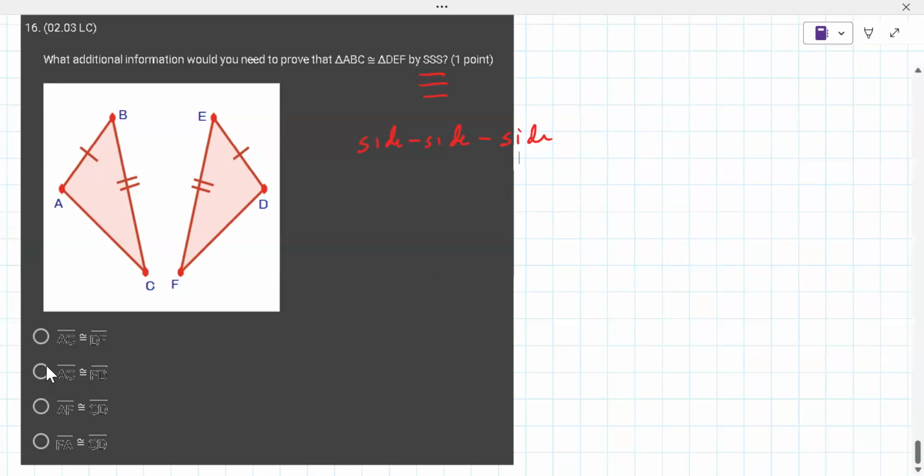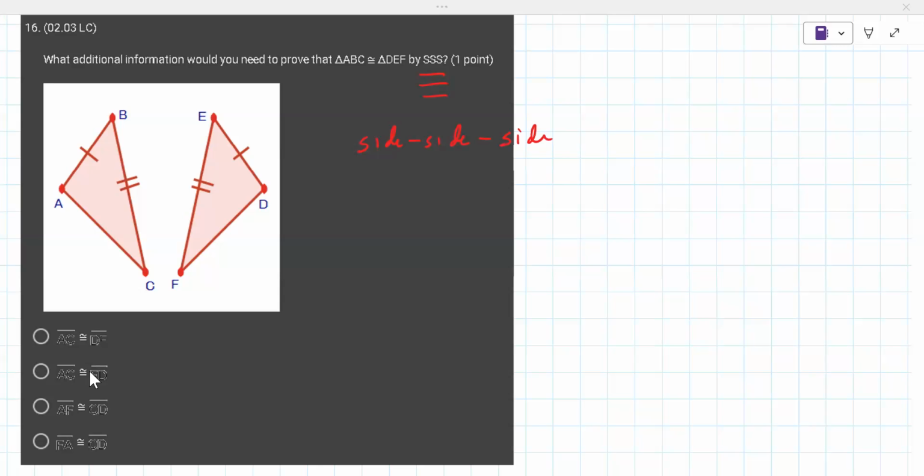I feel like it would have to be AC and something else. AC and DF. Okay. Could it be AC and DF or AC and FD? The order of the letters matters.